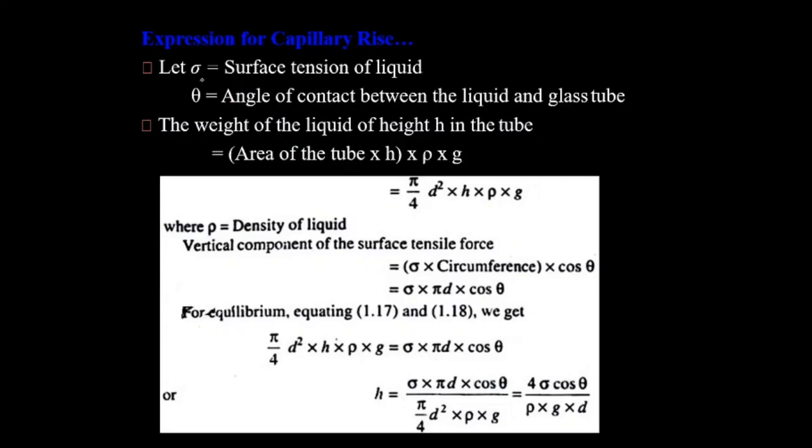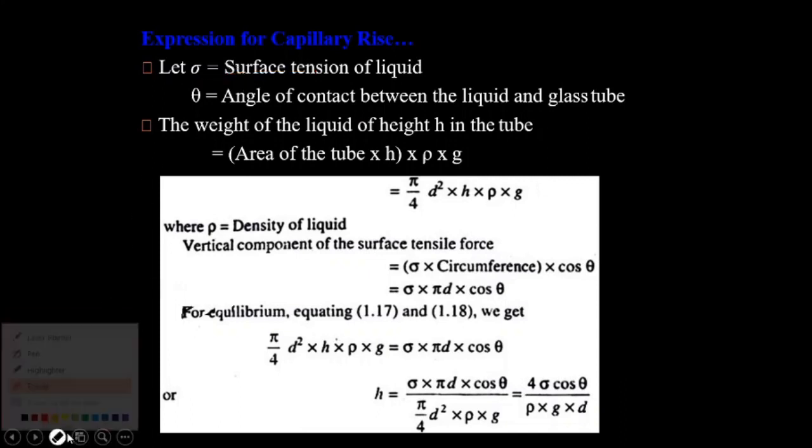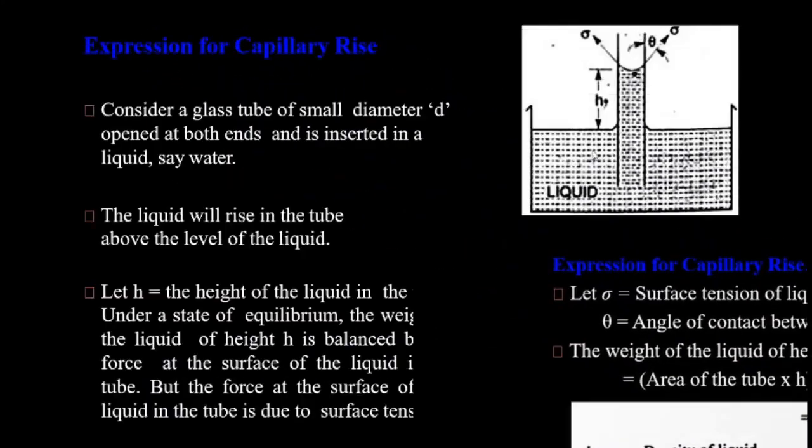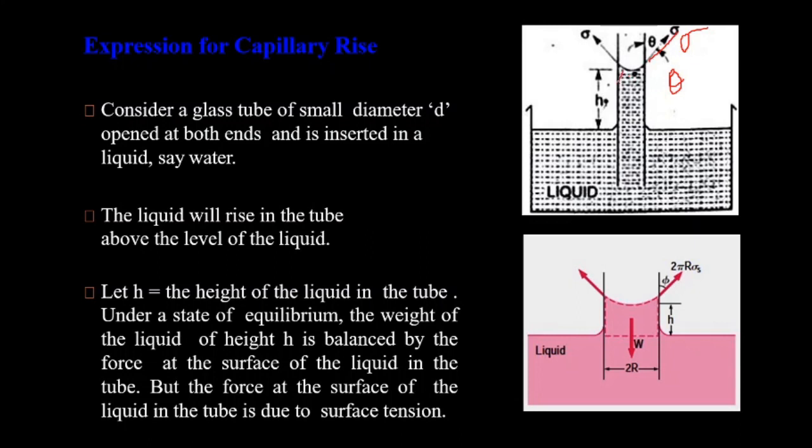So let sigma be the surface tension of the liquid and theta be the angle between the liquid and the glass tube. I showed you, right? So at equilibrium, the weight of the liquid of height h in the tube, how can we find the weight? That is area of the tube into h into rho into g.